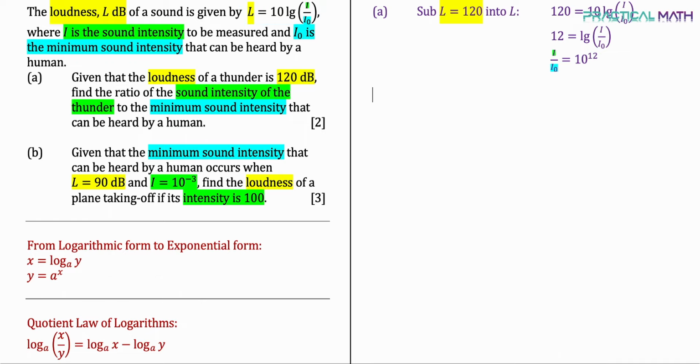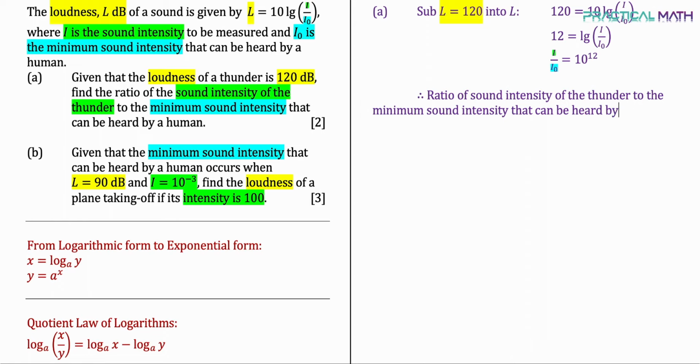So now let's put it in a statement. Therefore, the ratio of the sound intensity of the thunder to the minimum sound intensity that can be heard by a human is not only 10 to the power of 12, it's actually 10 to the power of 12 is to 1, because they want it in ratio form. So this is the answer for part A.